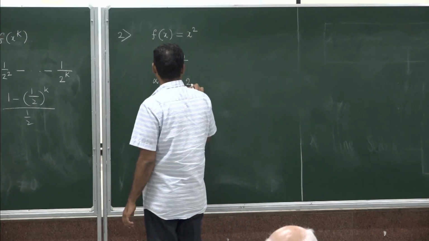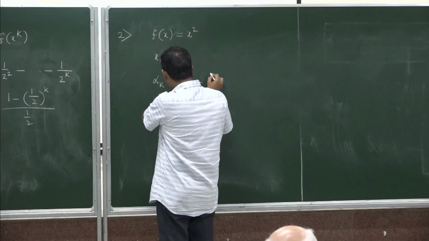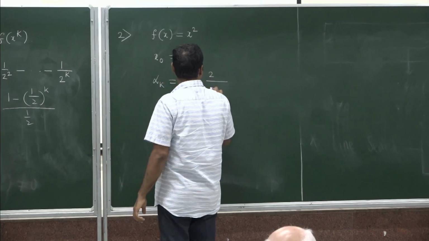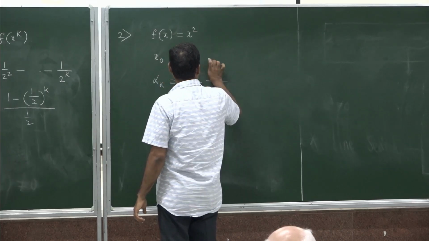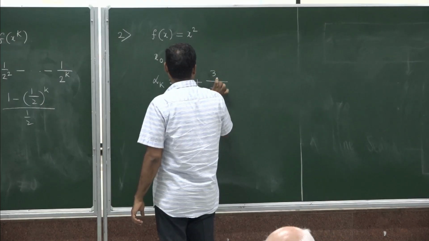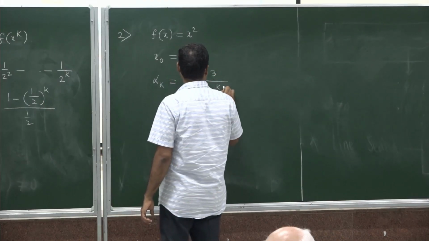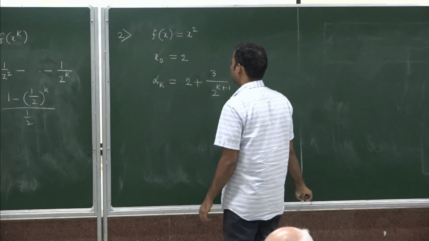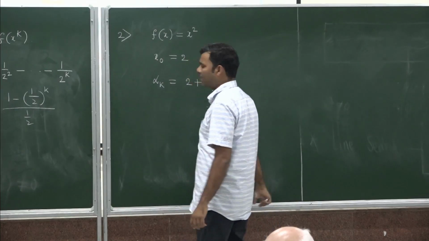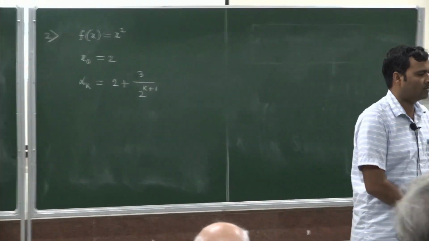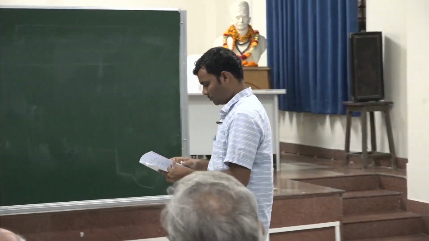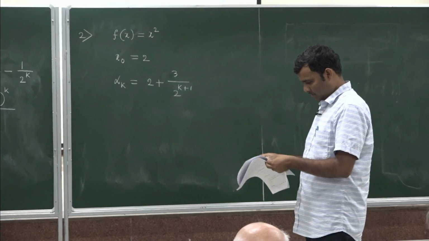Very big is 2 plus 3 by 2 to the power k plus 1, or let me just cross check if I am writing correct or not. This much amount of alpha k if we take up, let me just cross check the alpha k that I have taken. It is correct.